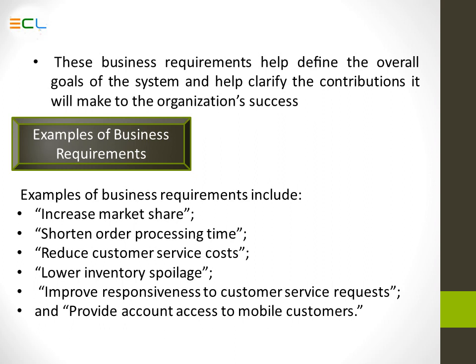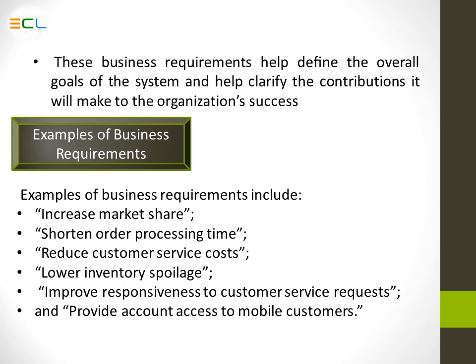Here are some examples, such as you want to increase the market share or want to shorten order processing time. Suppose that if I am ordering through an app or some information system, the process time should be the minimum. Thirdly, reduce customer services cost. Fourth, lower inventory spoilage.